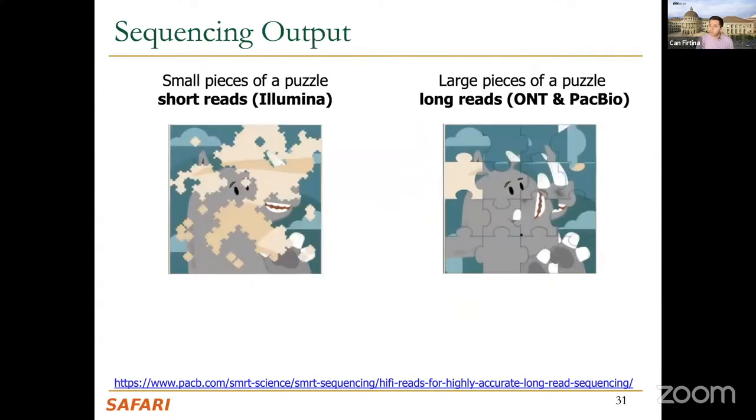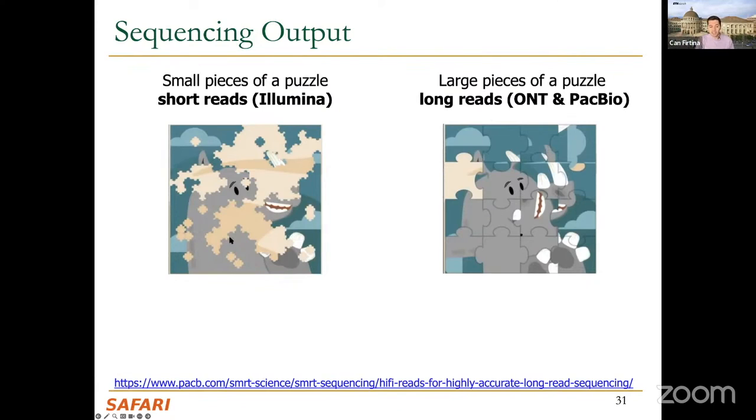And there are, of course, some trade-offs between sequencing technologies that make this reconstruction of the picture either challenging or easier. For example, if you have Illumina reads, what you end up getting is smaller pieces compared to other technologies such as PacBio or ONT, which produce relatively longer reads.